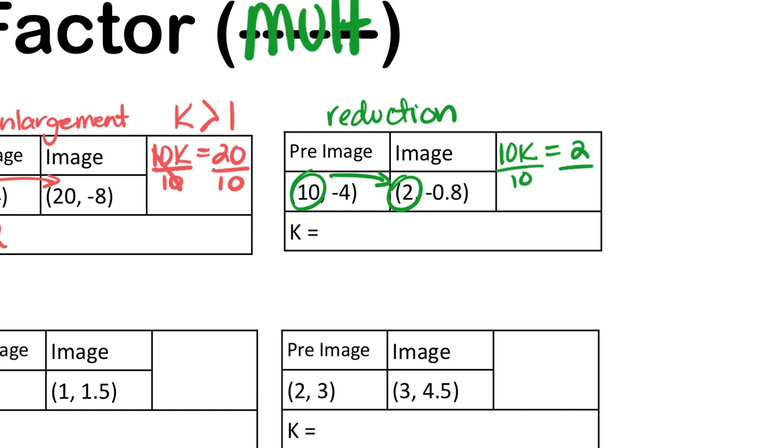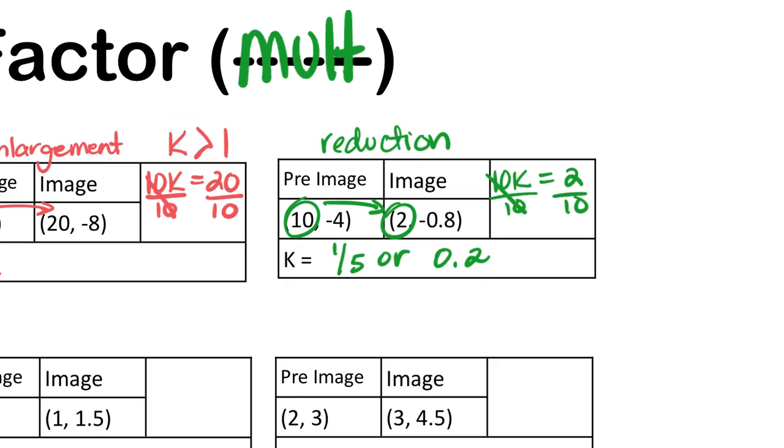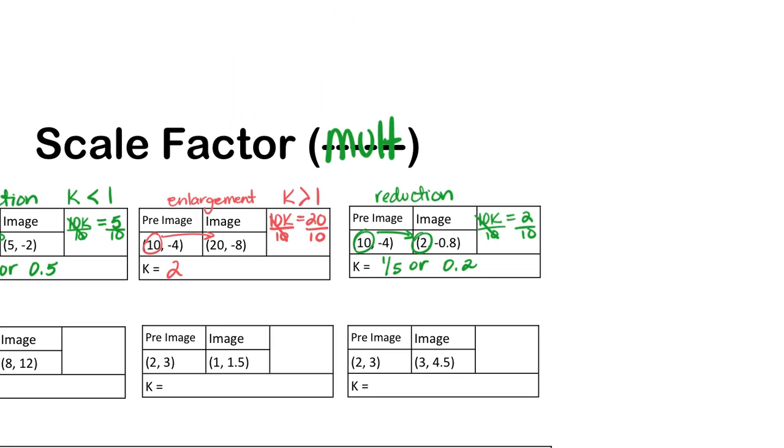I'm going to divide by 10 on both sides. So in this case, I can simplify this fraction to 1/5 or 2/10 as a decimal. Remember, our scale factor can be a fraction or decimal, but it will always be positive.